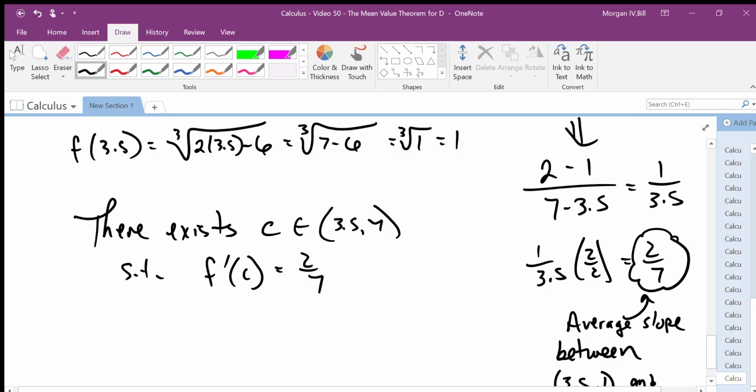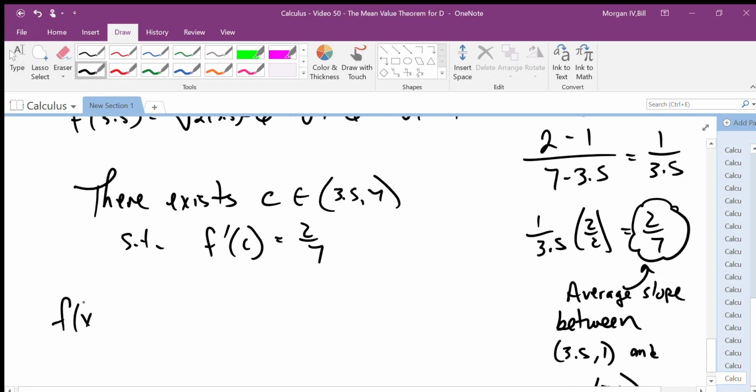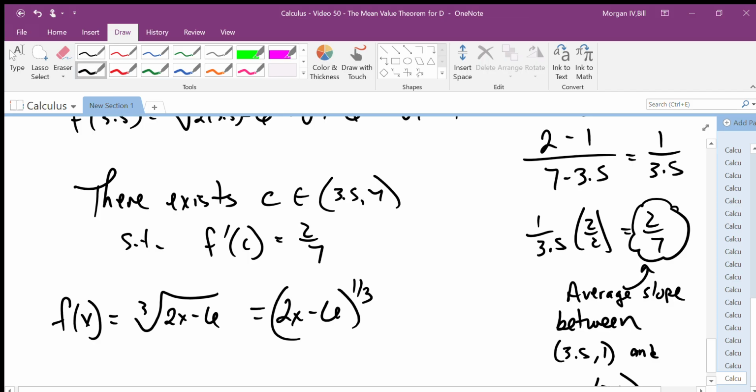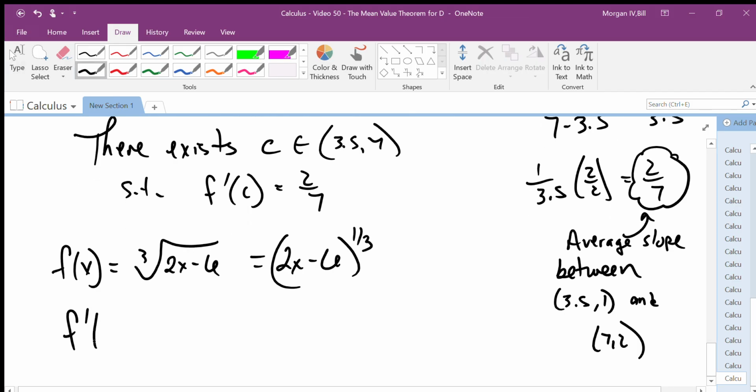In order to do this, we need to know what the derivative is. The original function, f of x, is the cubed root of 2x minus 6, otherwise known as 2x minus 6 to the 1/3. The derivative, f prime of x, is bring the 1/3 down, 2x minus 6 to the negative 2/3, right? 1/3 minus 1 is negative 2/3, times the derivative of the inside, which is 2.